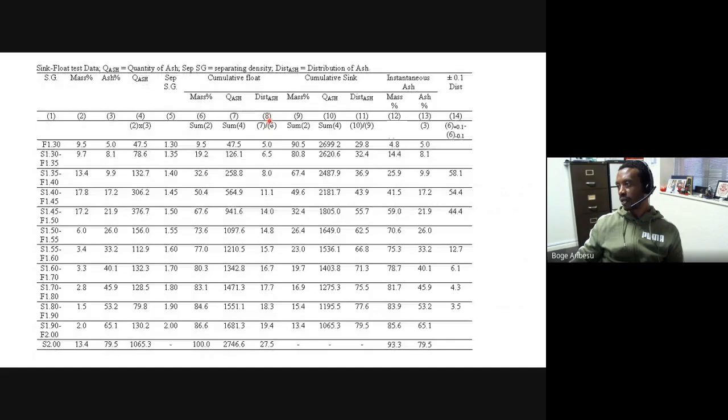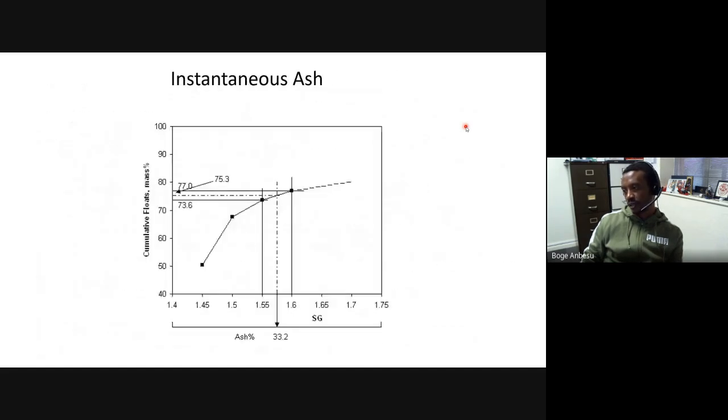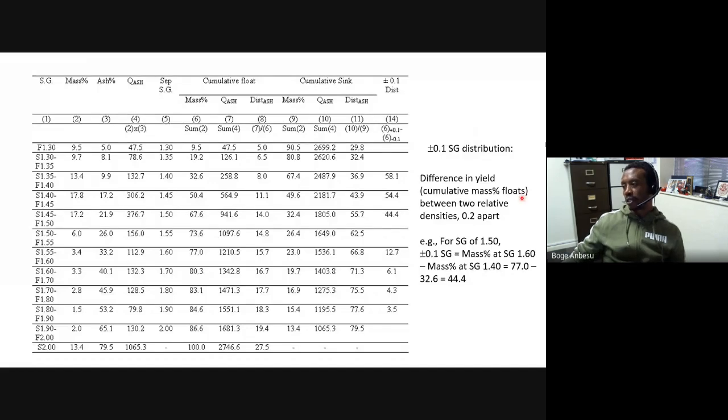So the next one, I think the last one, is the plus or minus 0.1 distribution. For that one, what you need is two densities which are 0.2 apart from each other. Okay, so there's a description here if you want, but for any given separating density, you can find that separating density plus or minus 0.1. For example, let's take this one here, 1.5.